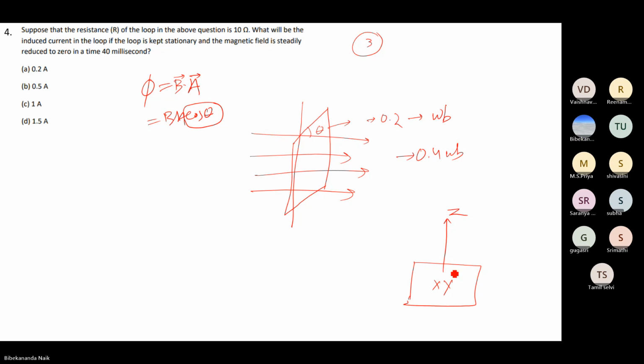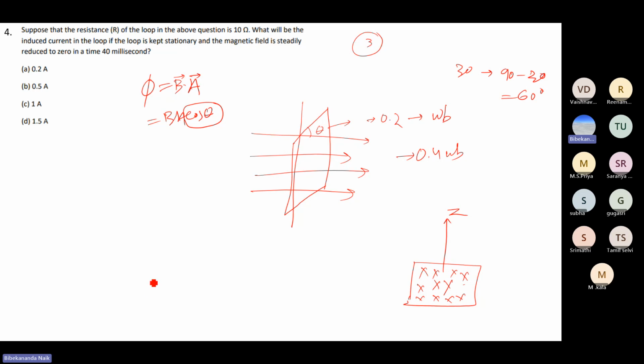Suppose this is in a plane, so the area vector will be along a direction which is perpendicular to the surface area of the coil. In this case, suppose this was theta, but actually the angle will be 90 minus theta. 90 minus 30 will be 60 degrees. So initially it will be 60 degree.